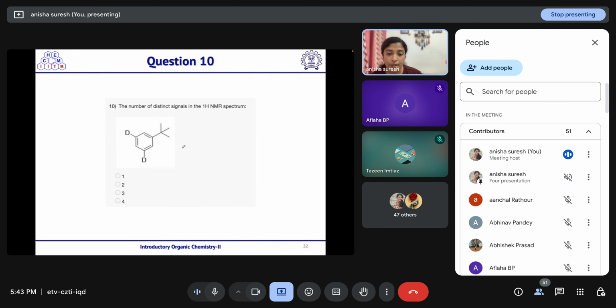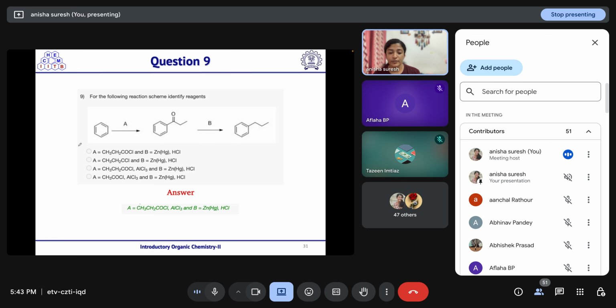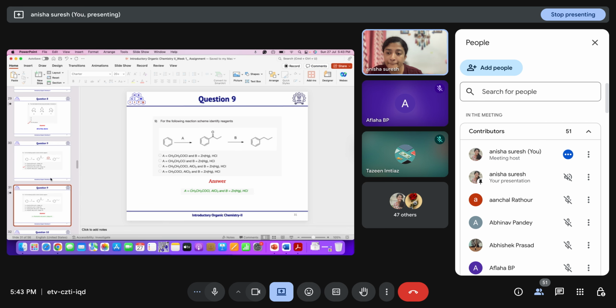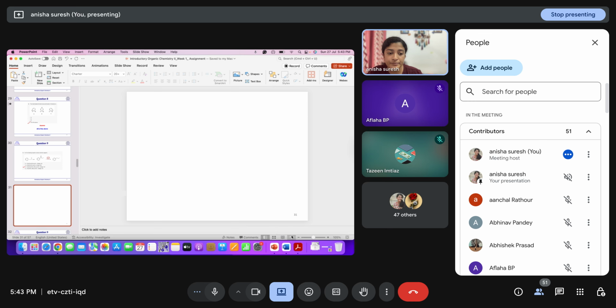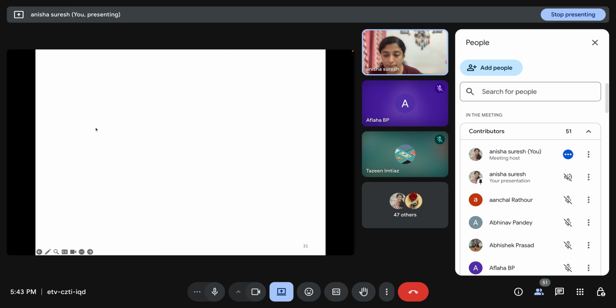So the mechanism, I think I will draw the mechanism for this. So we are having a benzene and a double bond O ethyl, right?